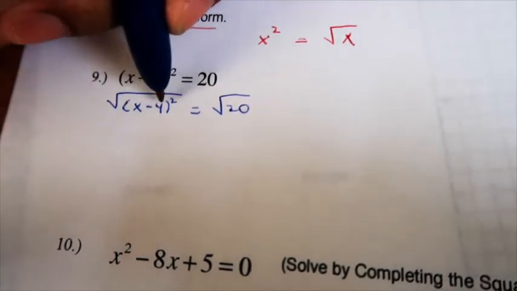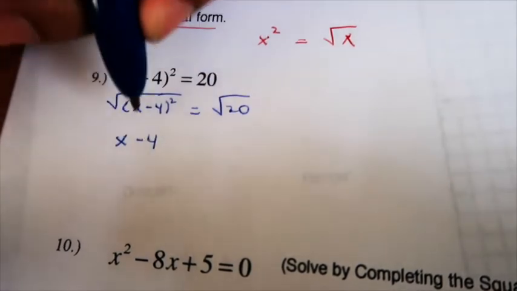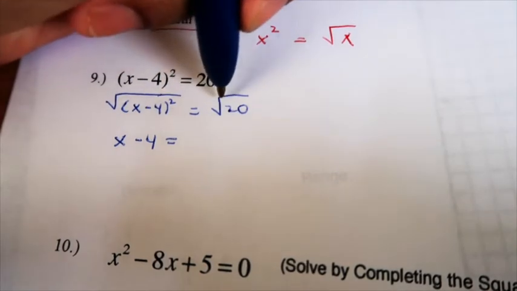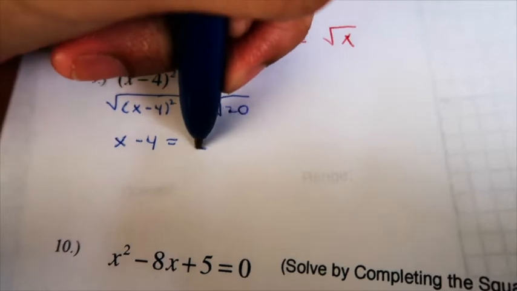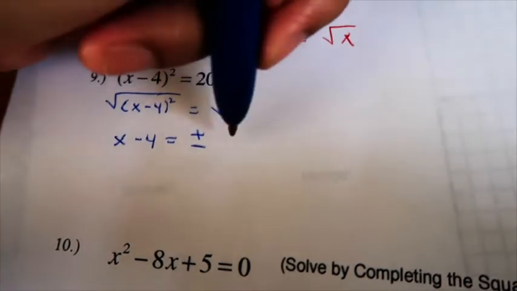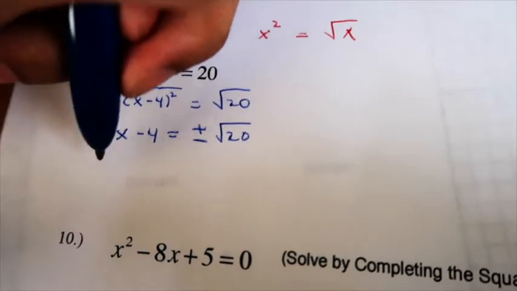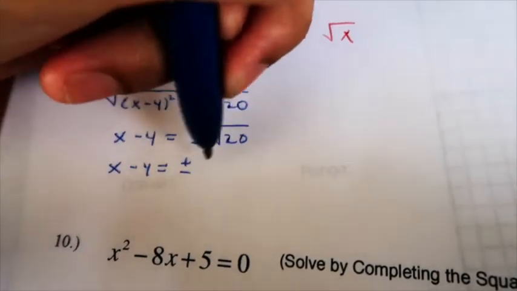Now, when we have the square root of a square, it cancels out, so we're left with x − 4 equals, when we're doing the square root, we have to make sure we always have our plus and minus sign, radical 20. x − 4 equals plus or minus.